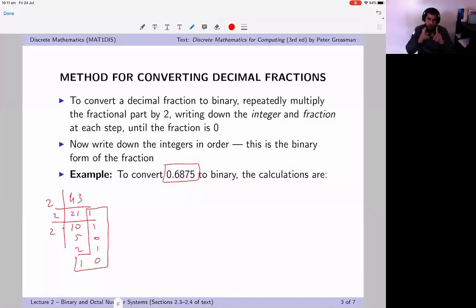So that was for integer numbers of this kind. Now, if you have numbers of this kind, which are decimals, fractions, in other words, then how to convert them into binary? The process is you write down the number 6875, all of it, okay, multiplied with 2.